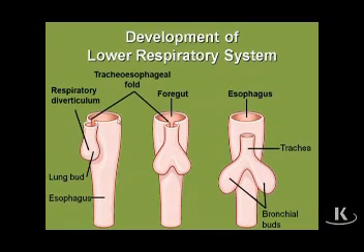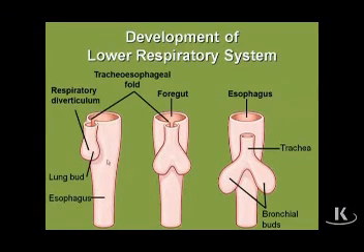So on this diagram, this tubular structure represents that endodermally lined tube, which we've said is going to be the gut tube. So on this diagram, if we continued upward through this tube, that would eventually lead us to the mouth, and if we continued downward through the tube, it would eventually lead us to the anus.